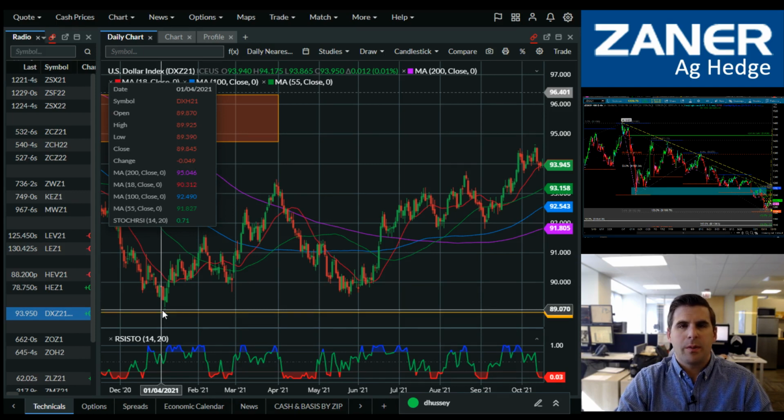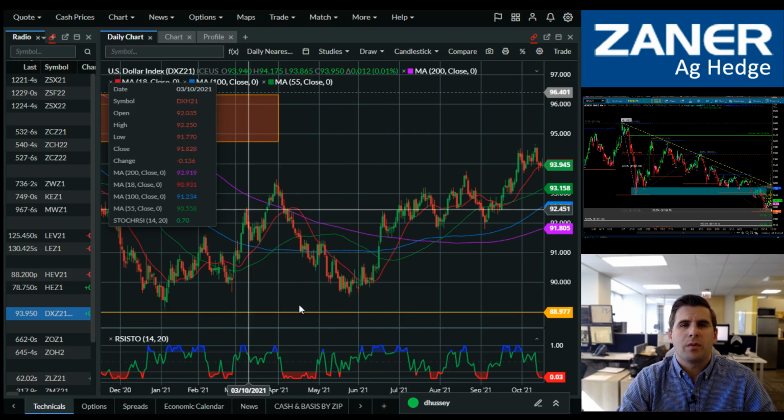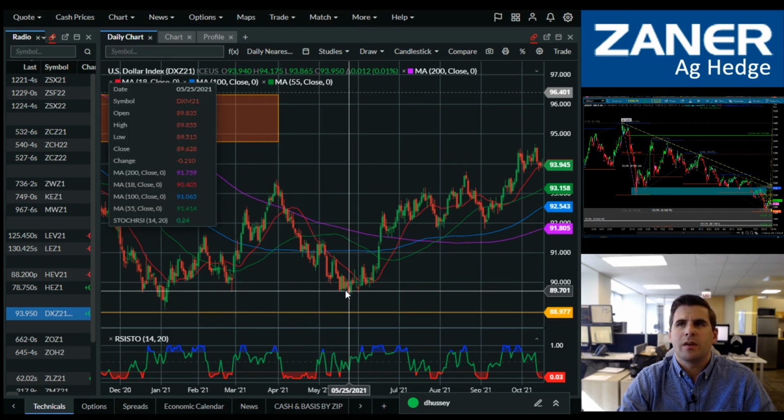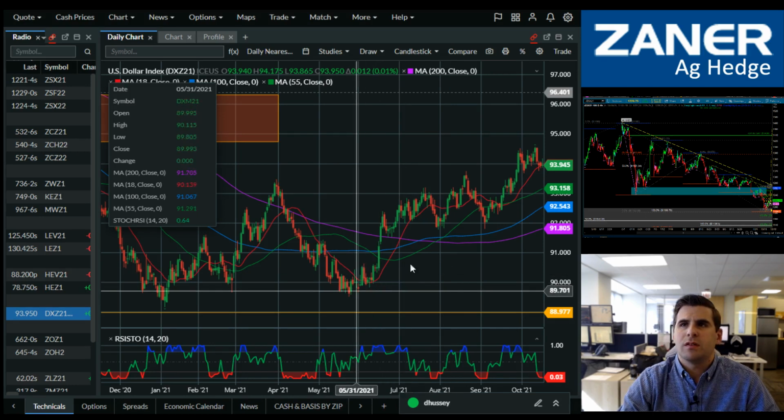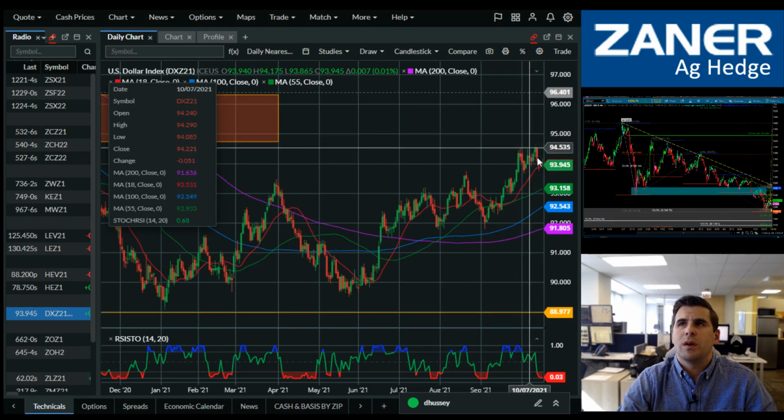We really came out of a 2020 downtrend for the dollar, which was on the back of some pretty strong export markets. We saw that trend reverse here to start 2021. Saw a little bit of consolidation back April through May and into the start of the summer time frame. But particularly for the dollar index, we then saw basically a period of strength since end of June through just a few days ago.